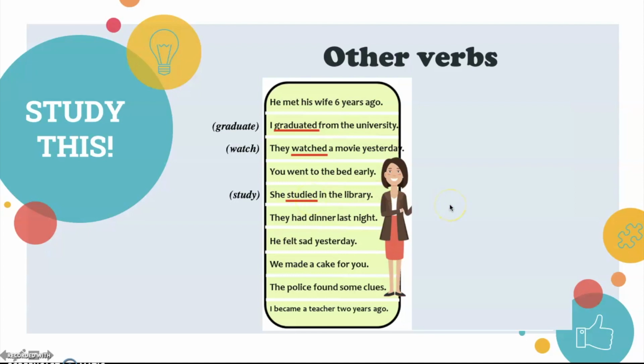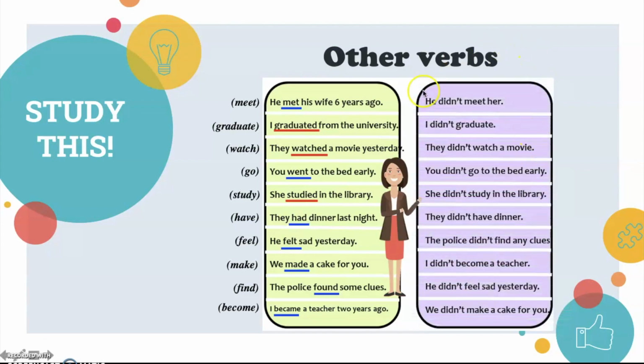We also have the irregular verbs. For example, met, went, had, felt, made, found, became. These are examples of irregular verbs in the past. Here you can see what the base form of these verbs are.